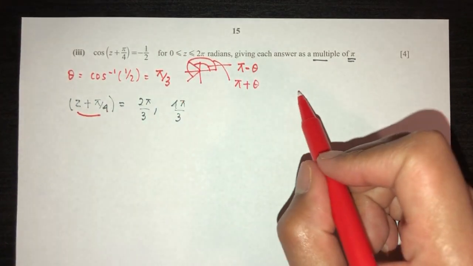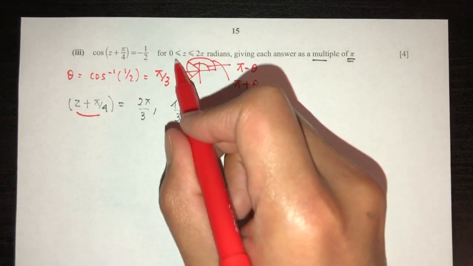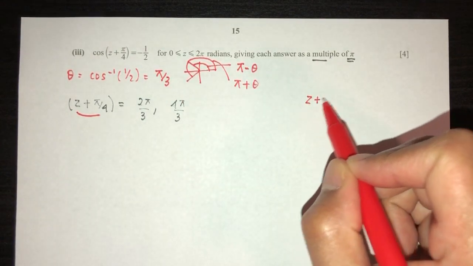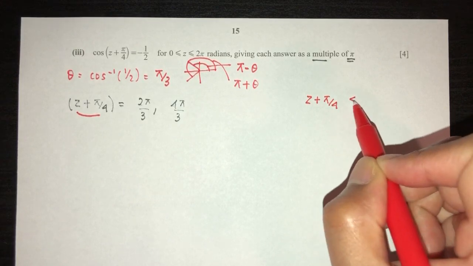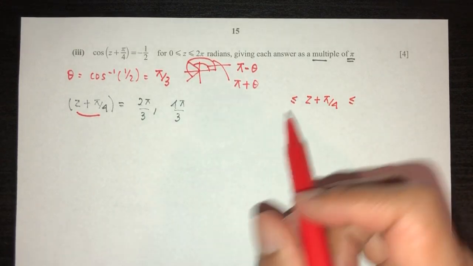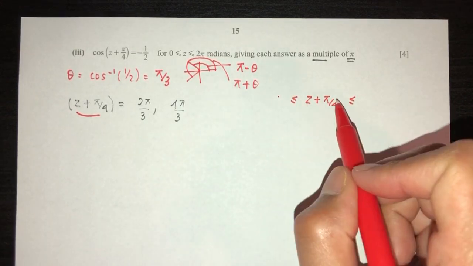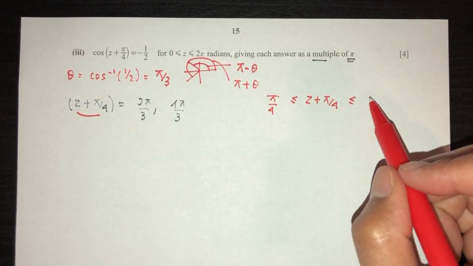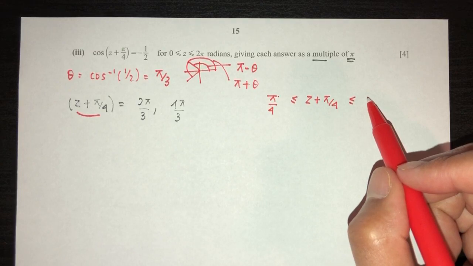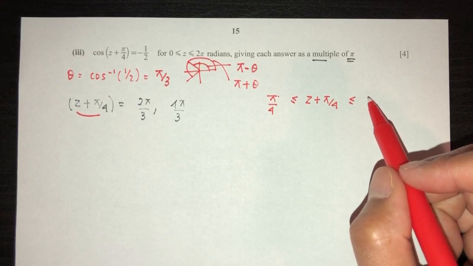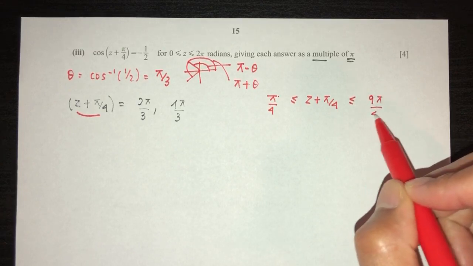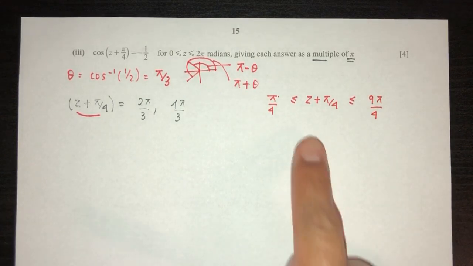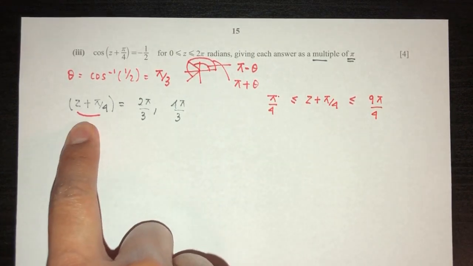So here the domain is 0 and z. Let's make z become z plus pi by 4 just to help you to understand what's happening. So this will be 0 plus this will be pi by 4, and this plus this should be giving you, we have to do fractions, so that will be 8 plus that will be 9 pi by 4. Okay, so that will be the domain for this function.